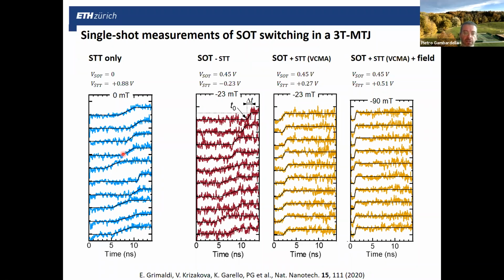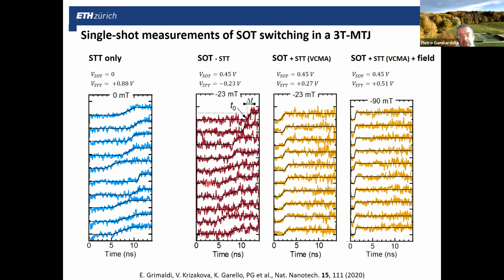And also the switching transition, so the ramp time during which the magnetization actually reverses, is variable, right? And so this is known for spin transfer torque.